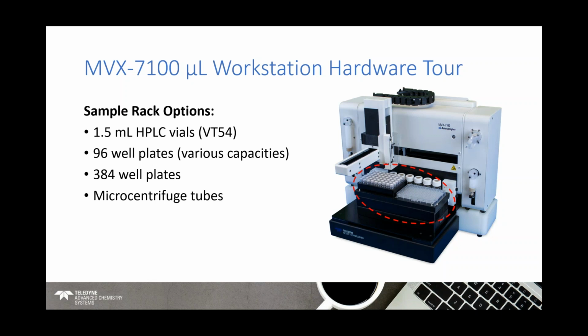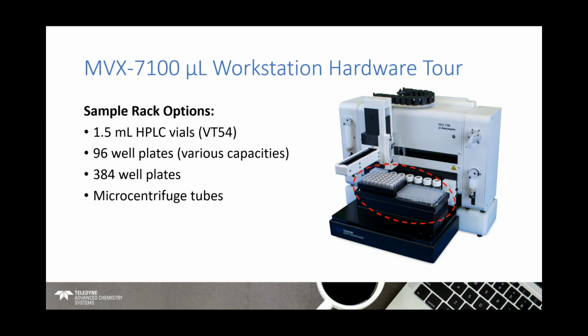You can work with 96 well plates of various capacities, or there could be the tall 44 millimeter height high capacity well plates, where the wells have a capacity of about 2 milliliters. So it covers that full range.